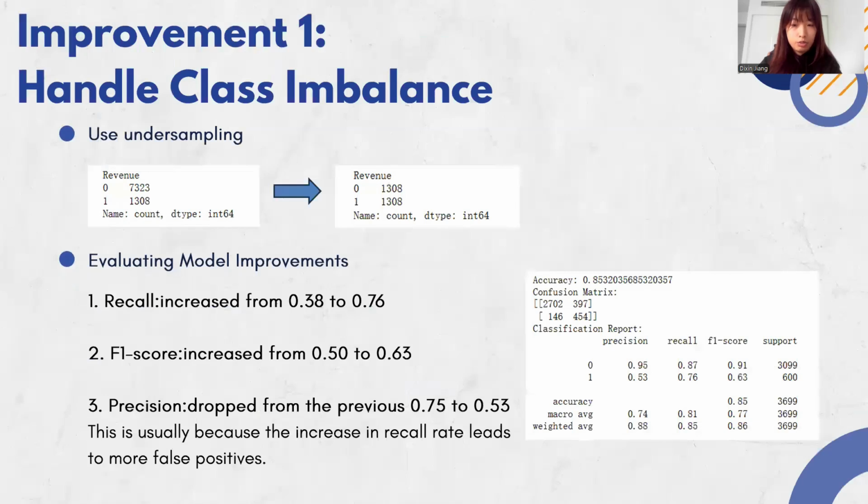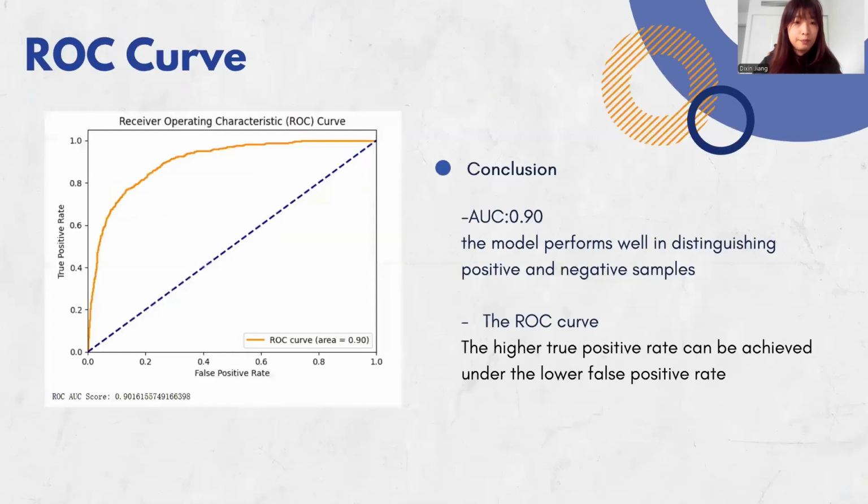This increased the recall to 0.76 and improved the F1 score from 0.50 to 0.63. Although precision dropped from 0.75 to 0.53, and overall accuracy slightly declined from 0.88 to 0.85, the model's performance on the minority class improved significantly.